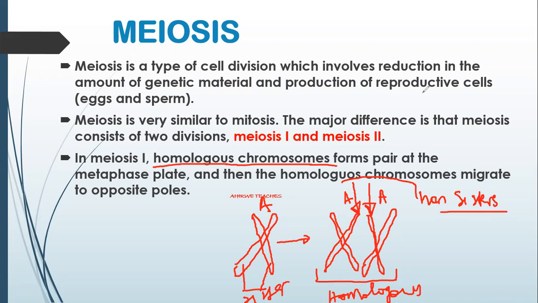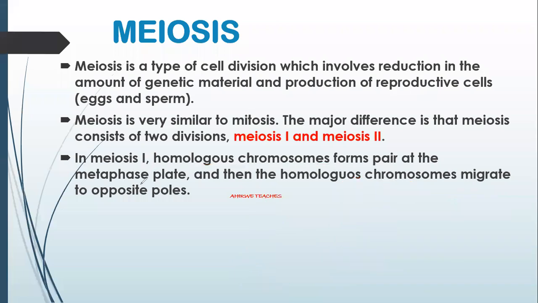Now, let's talk about meiosis 1. Remember in interphase, you would have divided the DNA and the chromosomes would have replicated. In meiosis 1, the key feature is that the two homologous chromosomes pair up, and that process is known as synapsis, forming a pair of chromosomes.